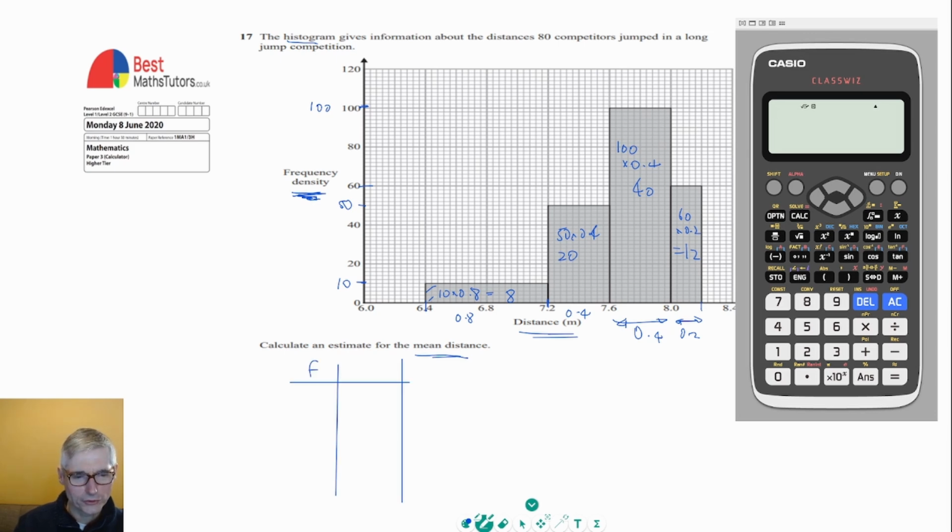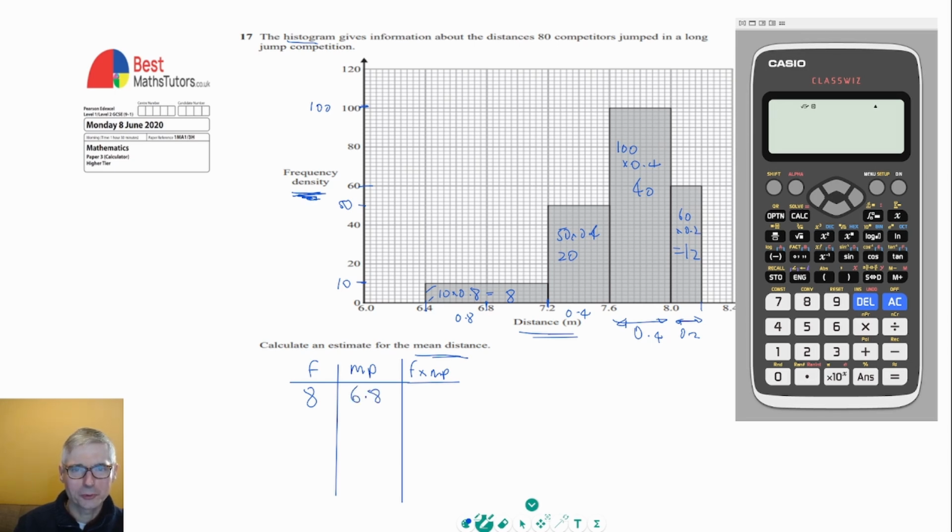We'd have the frequency, and then we'd need the midpoint in order to work out an estimate for the mean. So we'd have a further column, which would be frequency times midpoint. For each one of these, I can write down what the frequency is, and then the midpoint is where the midpoint of the group is. So for that first one, it's 6.8. So that's my first values.